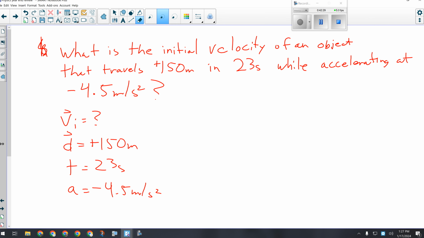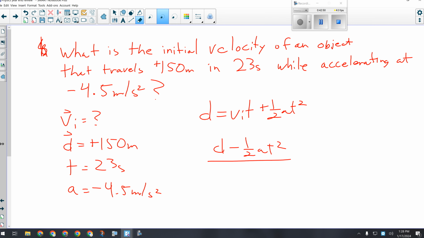Okay, so I'm looking for VI, I have D, I have T, and I have A, which means I would have to use this formula if I want to solve it in one step, which of course I do. So if I'm trying to solve for VI, the first thing I'm going to do is subtract 1/2 AT squared over to the other side.